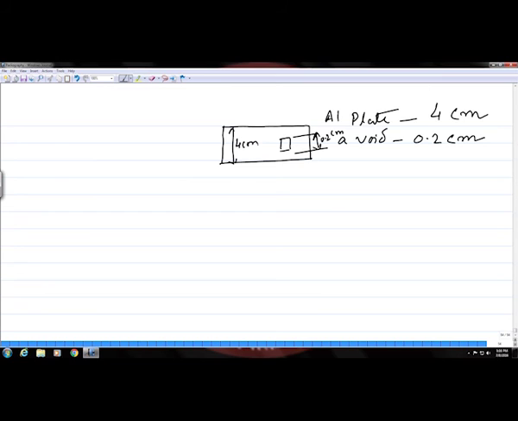Okay, and we already derived what will be the contrast for this. G is the gradient which is known for a particular film.